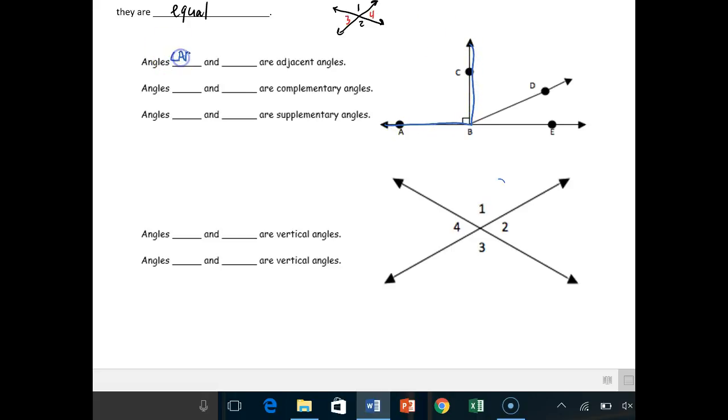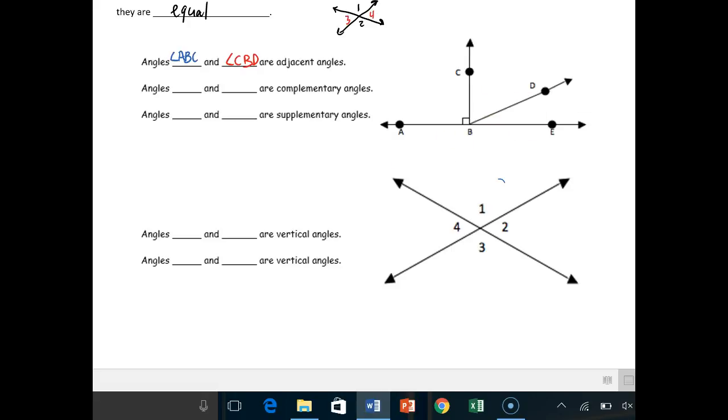Now we want something that's adjacent to it, so right next to it, sharing hopefully CB and the vertex B. So angle ABC, and how about angle CBD? So angle CBD. So yeah, see how they're sharing B? They're also sharing side CB. So CBD. Those are adjacent angles. Now there's probably a couple more pairs of adjacent angles, but I just want to point those out first.